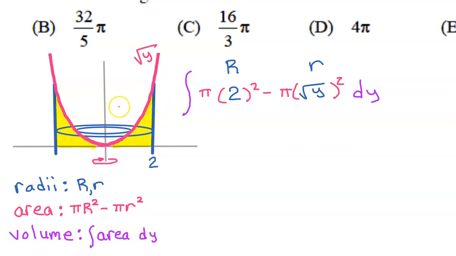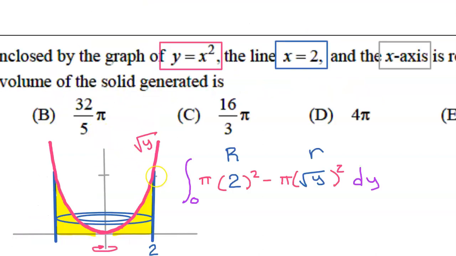The washers are stacked vertically. I see that they are stacked starting at 0, so the lower limit of integration will be 0. But I don't know at this moment how high the region goes. To find the upper limit of the region, we need to find the intersection point between the parabola and the line x equals 2.